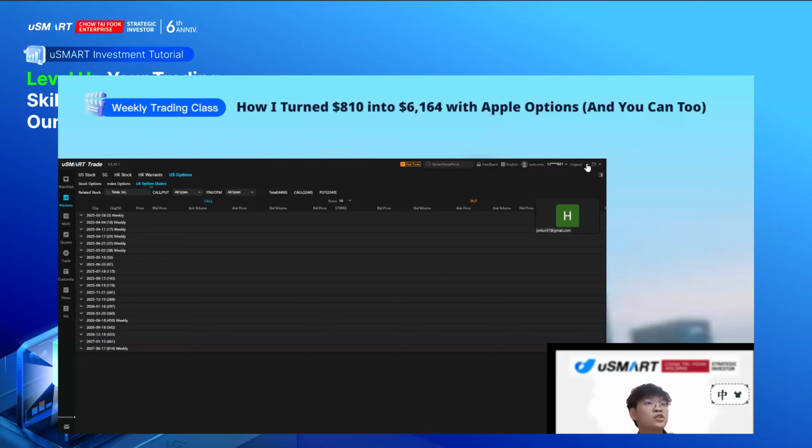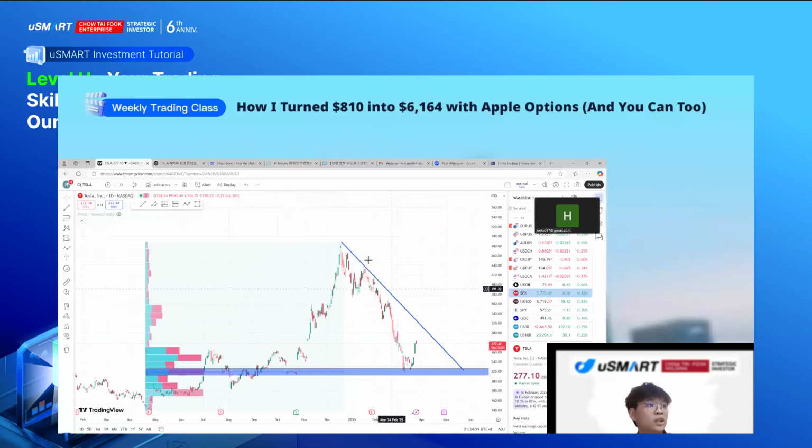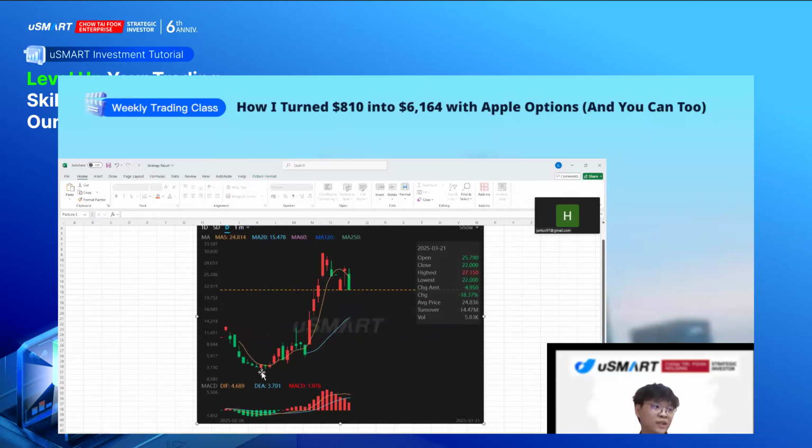So as simple as that. Check on the macro, and then you can just go into the chart to do the analysis. Forget about the option chart. What you can see from the option chart is I would tend to choose those that have very little volume and a very small candle at the bottom.